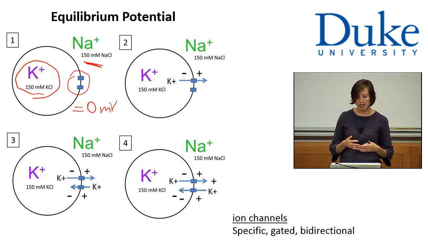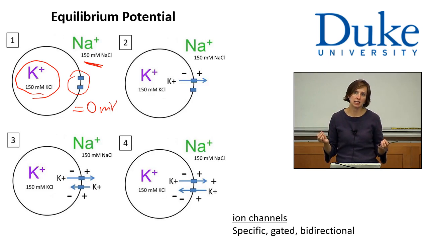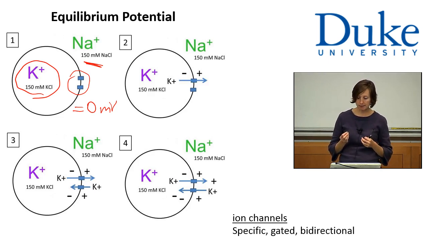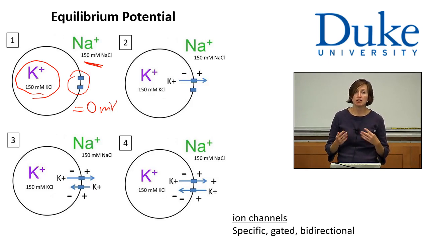And so these will be gated, and we'll be talking about the different modalities that can gate these channels. Then the other thing to keep in mind is that when the channels are open, they're bidirectional. Potassium is going to be able to move in either direction across these channels depending on both the chemical gradient that's present and the electrical gradient.